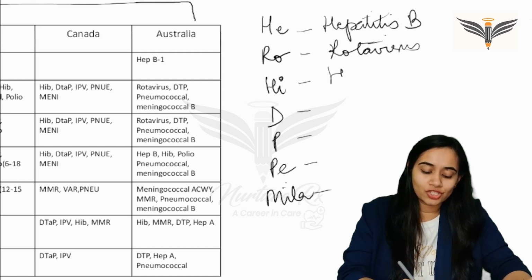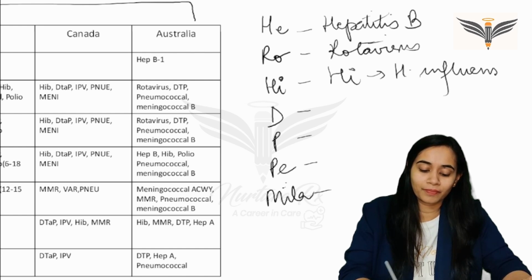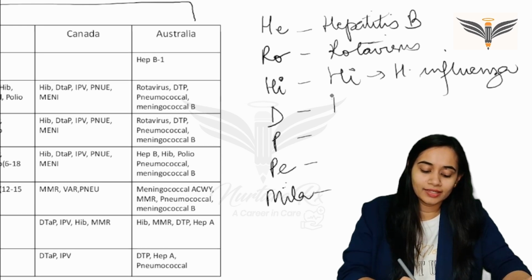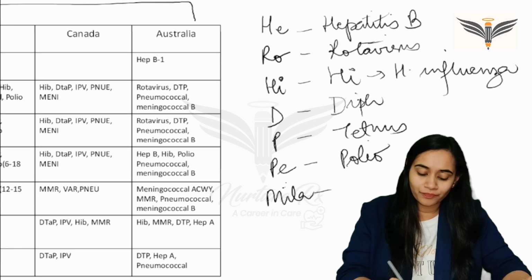Next is your HI. HI would be your H influenza, right? DP is your usual diphtheria and tetanus. Another P is your polio. And the last M is your meningococcus.